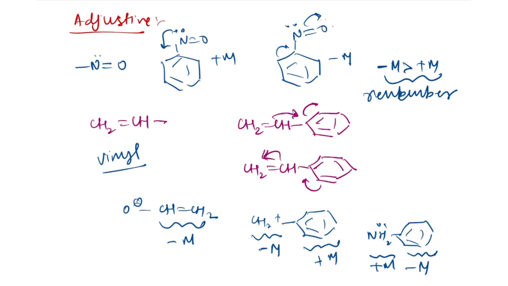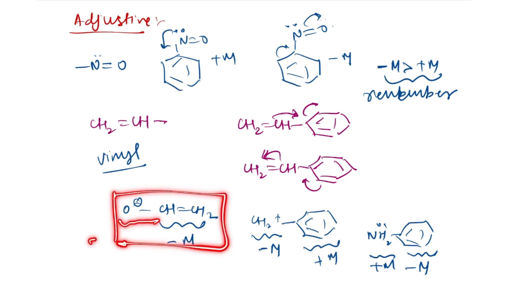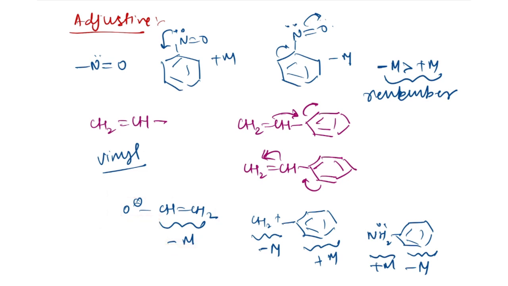But if we talk about the group only, then the vinyl group and nitroso group have both tendencies, to pull the electron through the mesomeric effect and push the electron through the mesomeric effect. But in the case of nitroso, it is practically seen that minus M dominates over plus M.